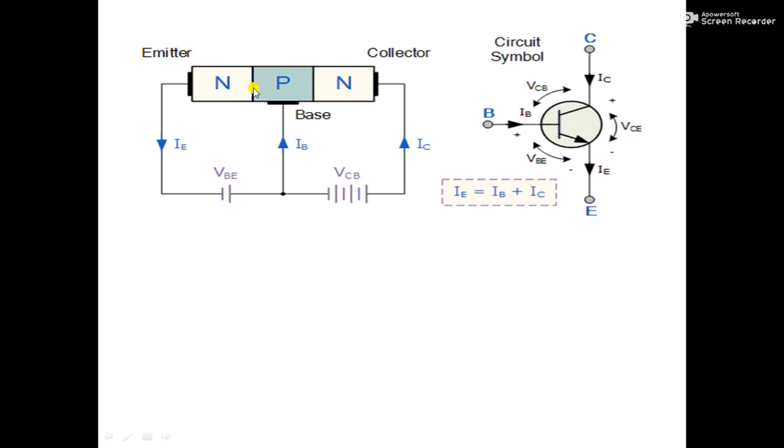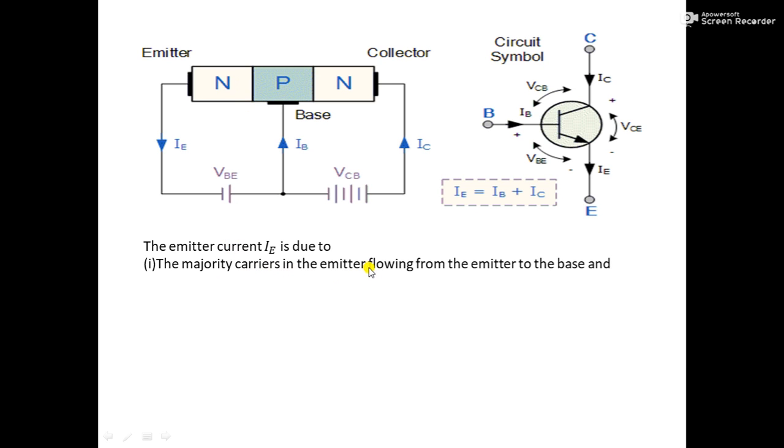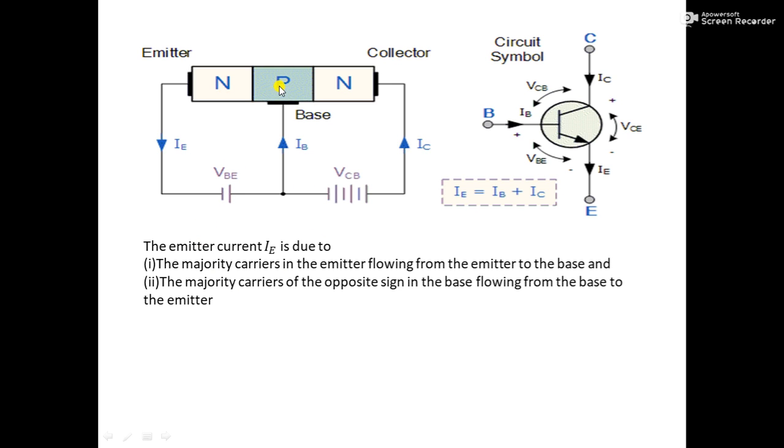When the emitter base junction is forward biased, the collector base junction is reverse biased. The emitter current IE is due to the majority carriers in the emitter flowing from emitter to the base, and the majority carriers of the opposite side in the base flowing from the base to the emitter.